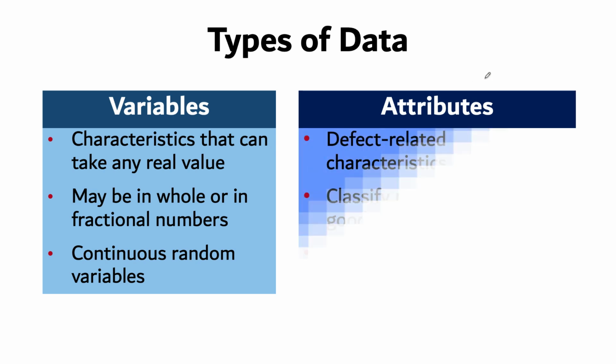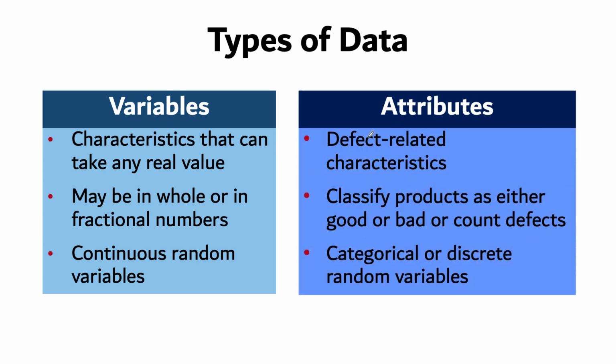Oppositely, the attribute data. This kind of data is closely related to defect-related characteristics. This data is classified as whether the product is good or bad, accept or not accept, which is a kind of categorical or discrete random variable.